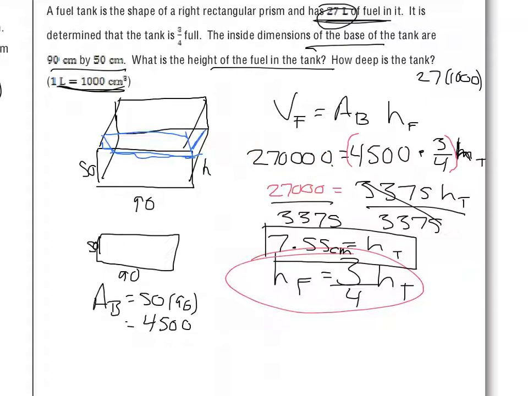I was able to find the area of my base, and so I plugged that in for the area of the base, and the height I knew was only going to be 3/4 of the total height. So that's why I put in this part as 3/4 of the total height and not just the height, because we wanted the height of the entire tank, not just the height of the fuel.